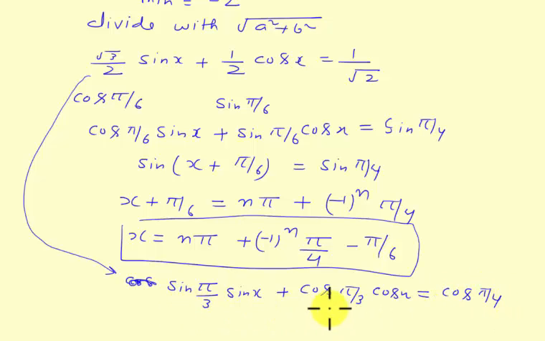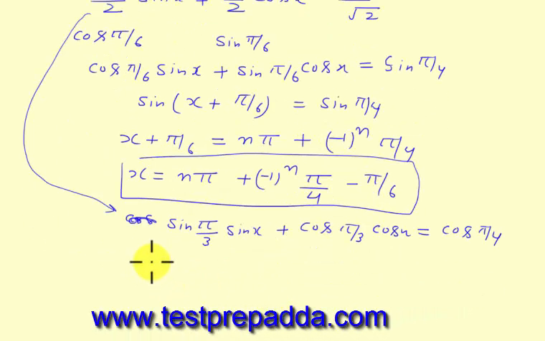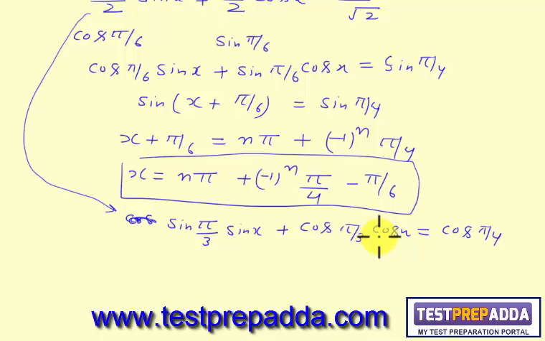Why? Because here if you see, it is cos A cos B plus sin A sin B, and that we use for cos A minus B. Recall cos A minus B, cos A cos B plus sin A sin B. So I can write this as cos x minus pi by 3 is equal to cos pi by 4.